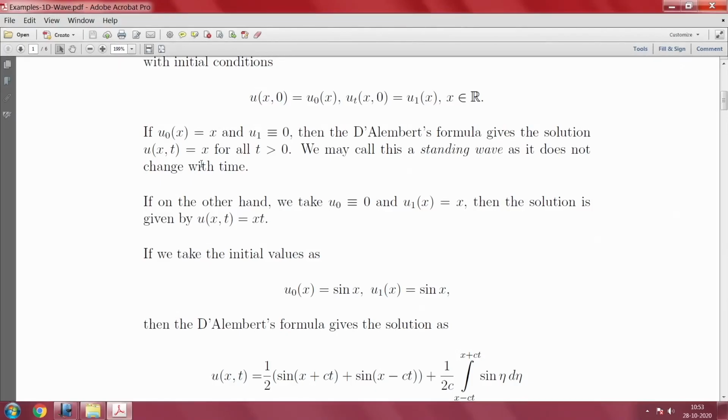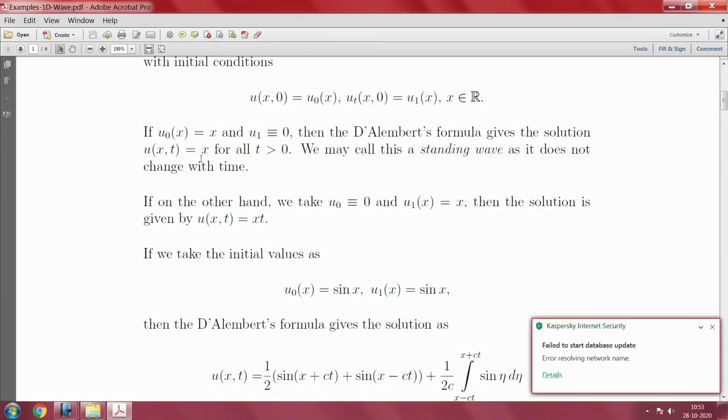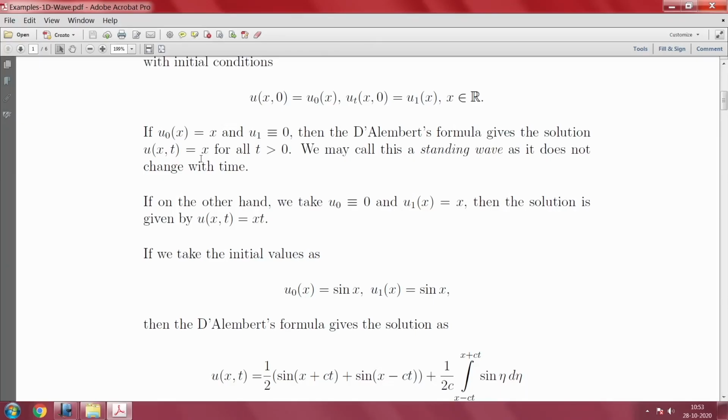If I now take u_0 identically 0 and u_1 equal to x, then the solution is given by x t, x times t. Okay. And similarly, if you take these as initial values, u_0 and u_1 both sin x, because they are arbitrary, we can take any C^2 function and C^1 function respectively.